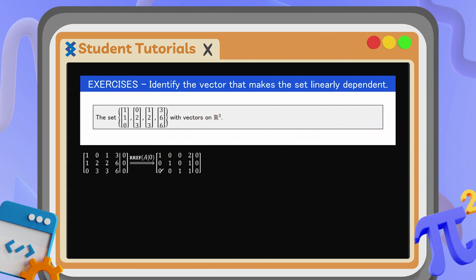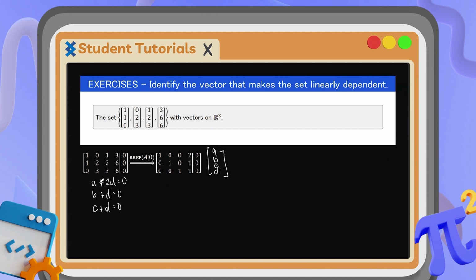By multiplying this with the scalar vector a, b, c, d, because there are 4 vectors, we get the following equations: a plus 2d equals 0, b plus d equals 0, and c plus d equals 0.